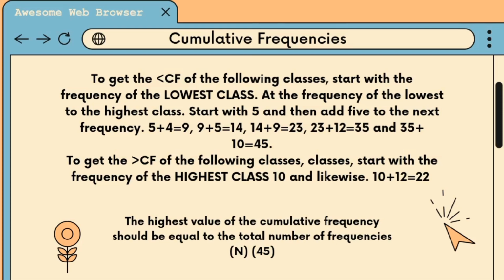To get the higher than cumulative frequencies, start with the frequency of the highest class, 10, and likewise. 10 plus 12 equals 22, and so on. The highest value of cumulative frequency should be equal to the total number of frequencies, which is 45.